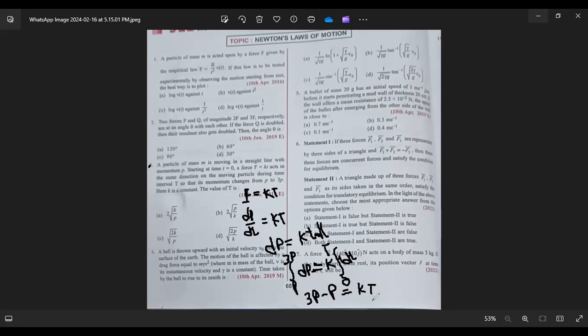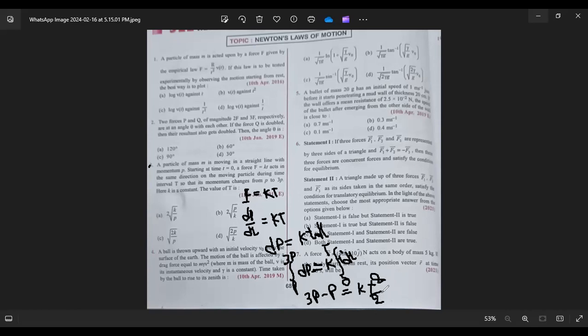This is your equation. Here is t into dt. So we write t to the power 1 plus 1, meaning 2, divided by 2, applying the formula.